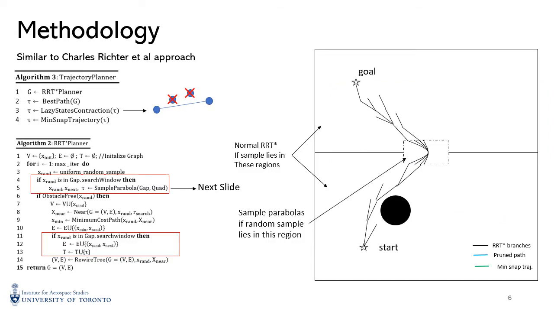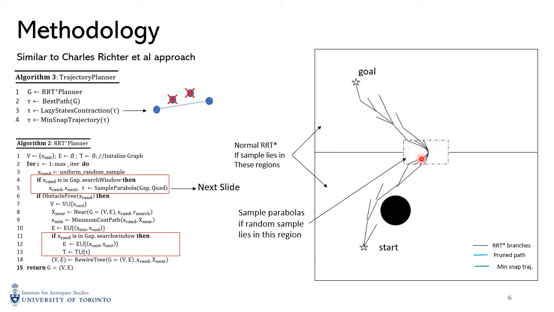So now getting into the methodology used in the project. Similar to the approach used by Richter, RRT star is used to sample the space using a linear steer function. However, if the random sample lies within a certain box in 3D, defined around the centroid of the narrow gap, then instead of doing normal RRT star, the set of parabolas that define motion through the centroid of that gap are sampled instead.